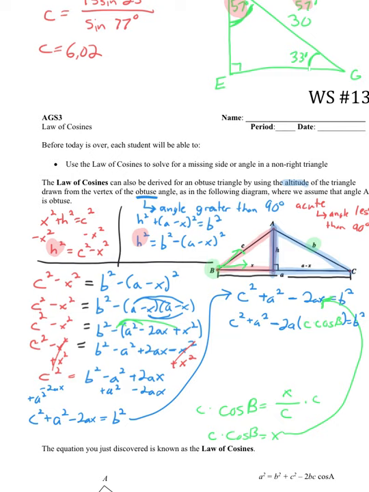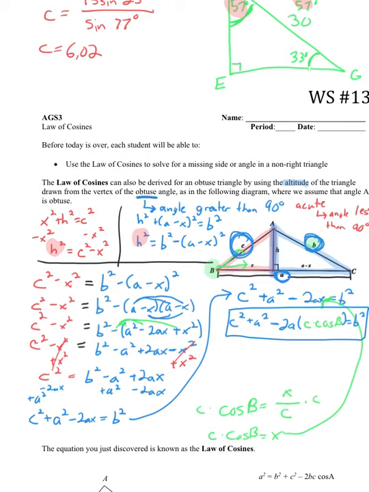And that allows me to get rid of the x, and now everything's in terms of a's, b's, and c's. And that's good because this whole triangle is side length a, side length b, side length c. That's exactly what I want. I don't want any x's or y's or anything like that. So this is an equation for the law of cosines.